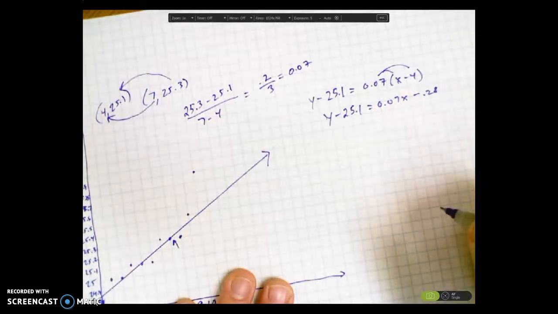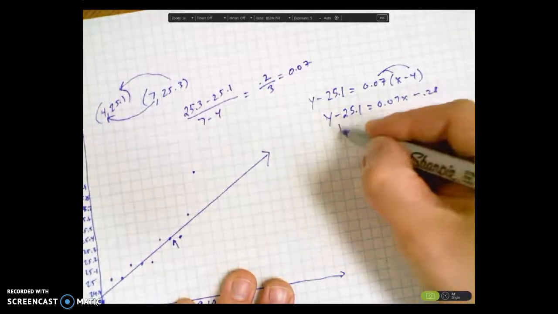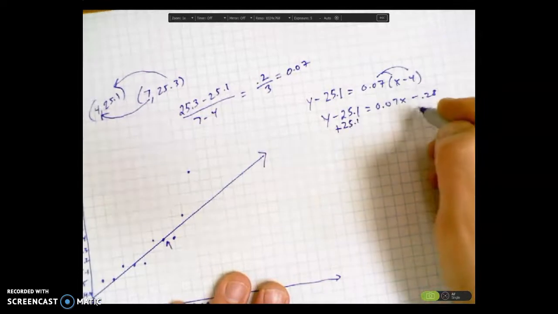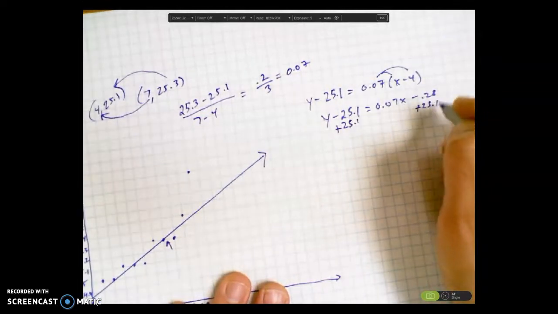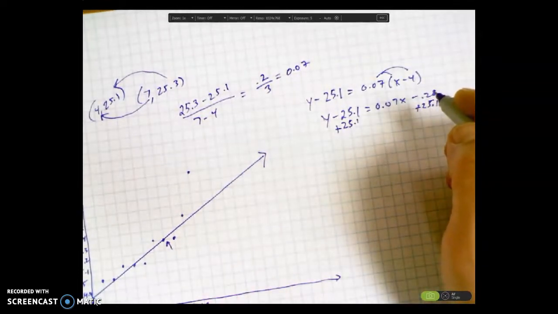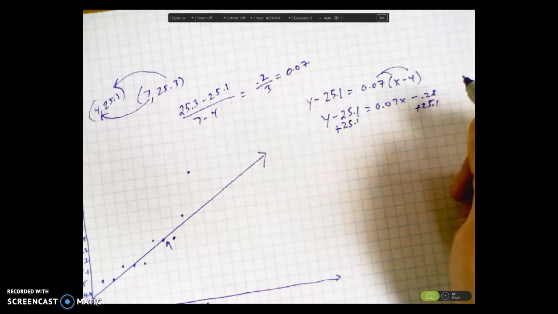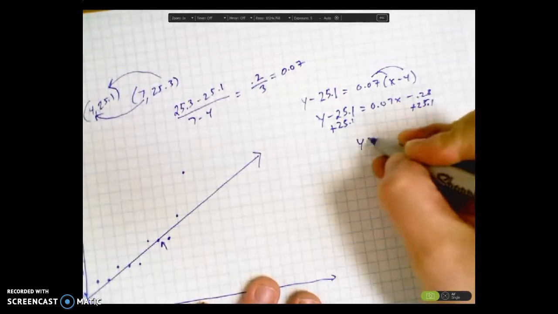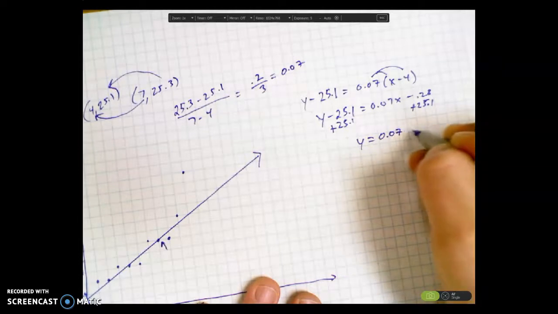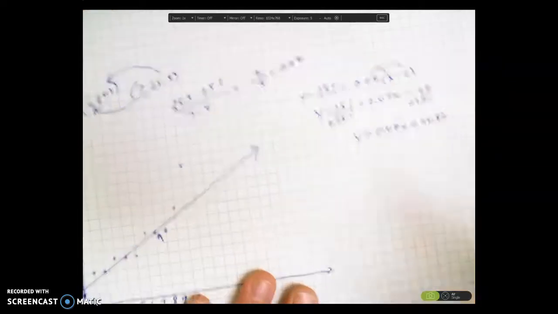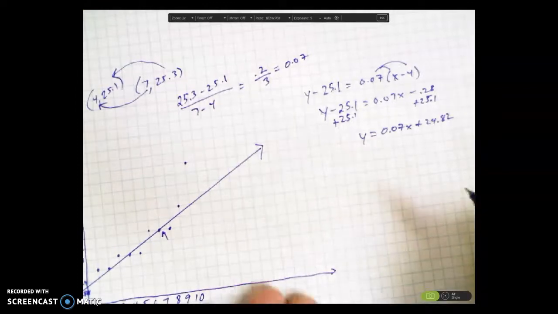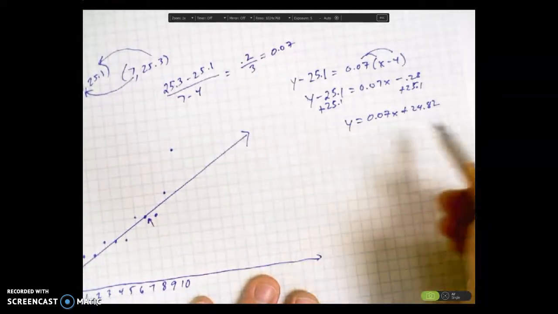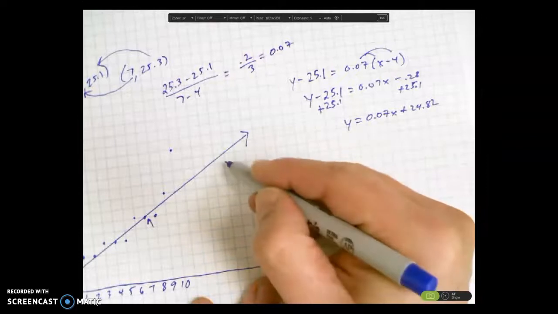Now the last thing I have to do is add this 25.1 to both sides, and that gives me 24.82. So y equals 0.07x plus 24.82, which honestly 24.8 is probably all I should write down. So that is the equation for this line of best fit.